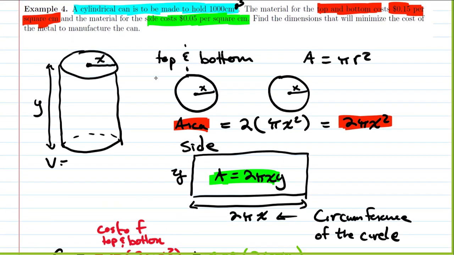What is the volume formula for a cylinder? In general, it is the area of the base times the height. That's true regardless of what the base is. If the base was a square, it would be the area of the square times the height. If it was a rectangle, we would use that. If it's a pentagon, it doesn't matter.